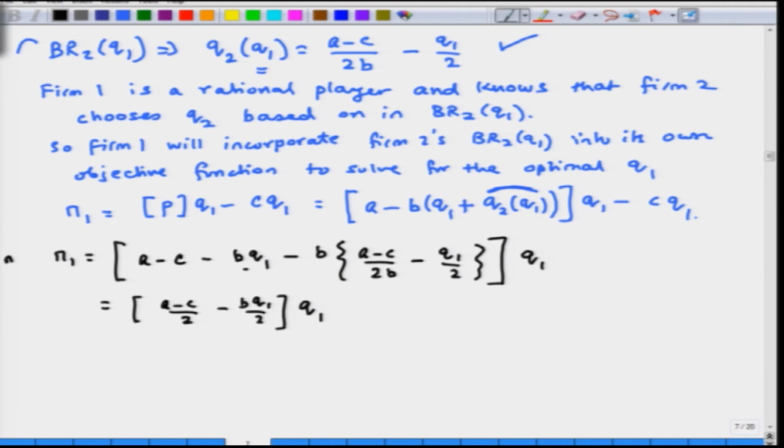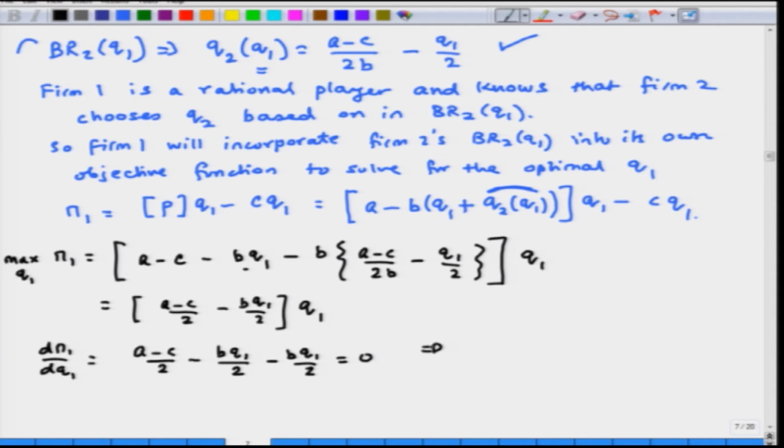So, firm 1 is going to maximize this profit by choosing its output Q1. So, we write down the first order condition for firm 1, which is (A minus C) by 2 minus BQ1 by 2 times 1 plus Q1 times minus B by 2, which is equal to 0.